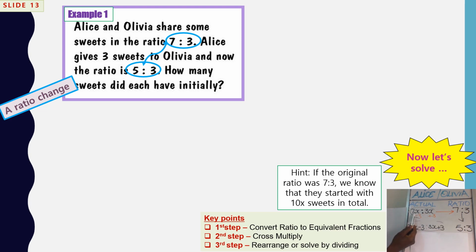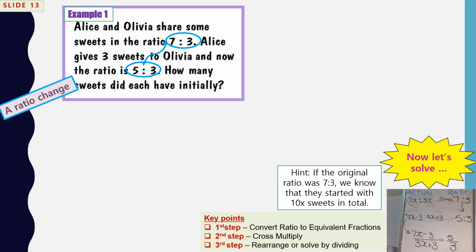Now, if this ratio and that are equivalent, the same, it also means that these new numbers of sweets and the second ratio must be the same. And if that is the case, then using the first point in our 3 key points, convert the equivalent ratios into equivalent fractions, and that will become this.